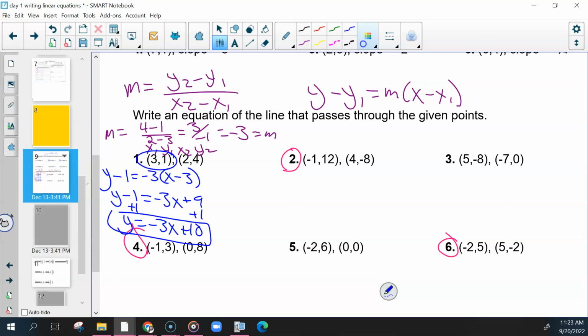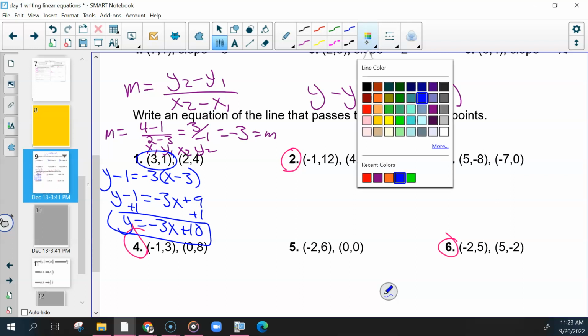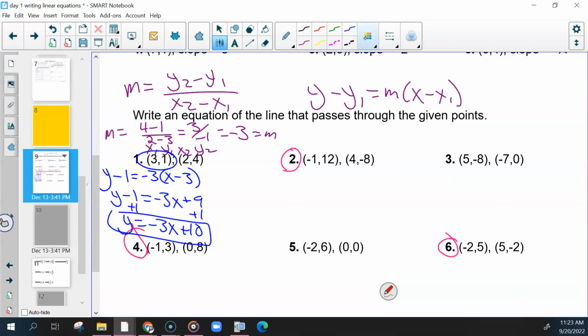Okay. So if you choose the first ordered pair, you do not need to do the second one, but if you want to see that this works, I'll show you that you can use the other one. Same process, but now you're using the other ordered pair. So y minus 4 equals our slope, which stays the same, that does not change, and then x minus 2.